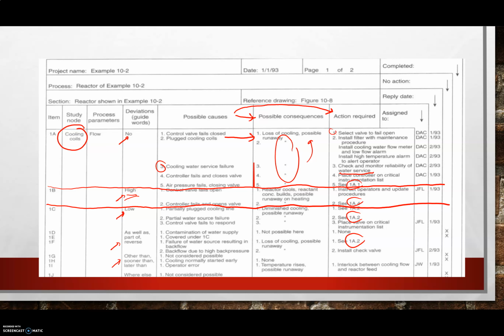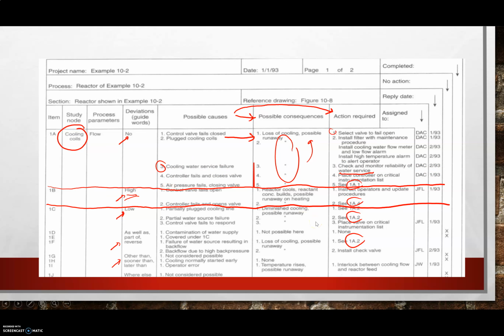Another point that is worth noting is, regarding your experience, some people, just like what I tried to explain previously, may only find 3 or 4 possible causes. Some people may find 5 to 6 possible causes.